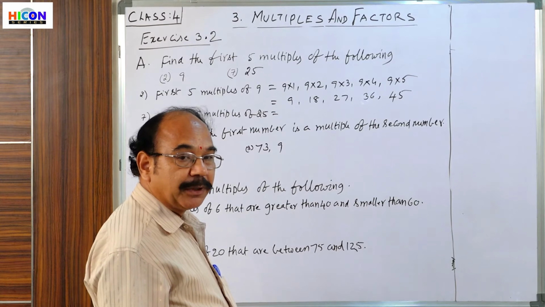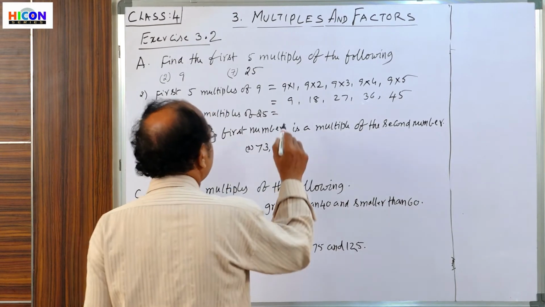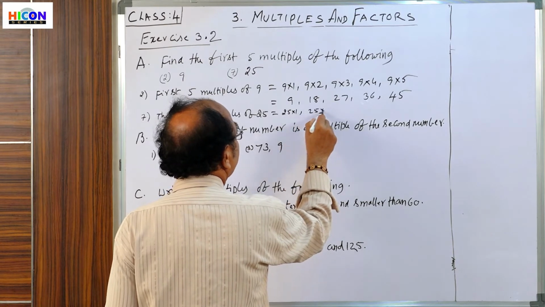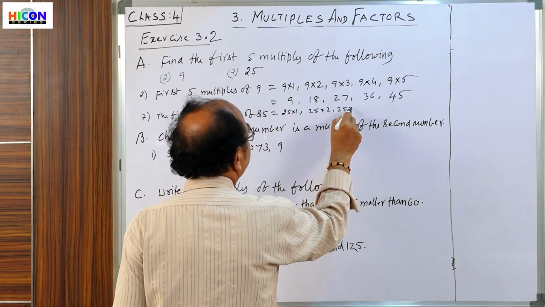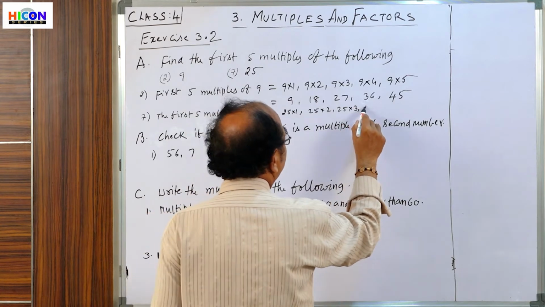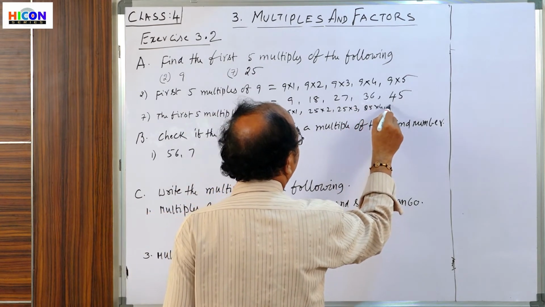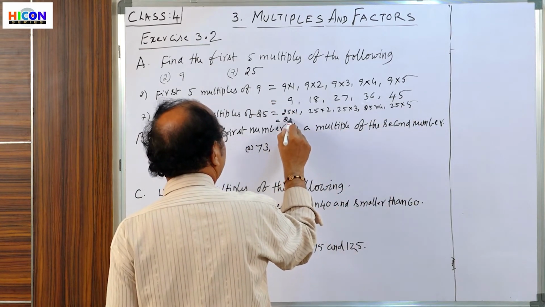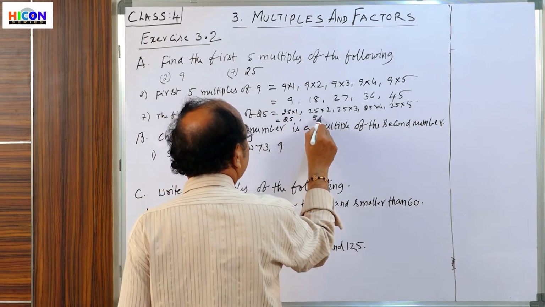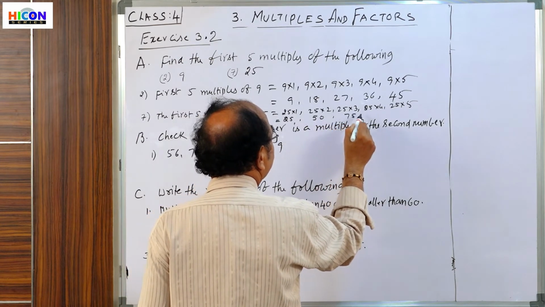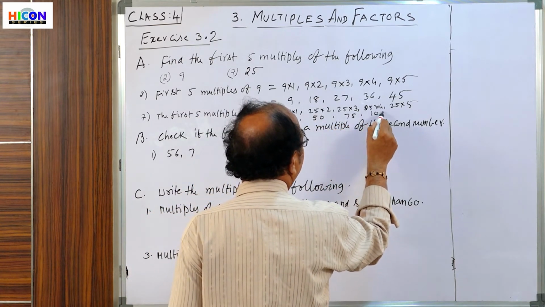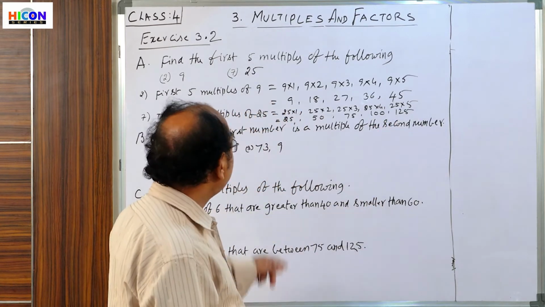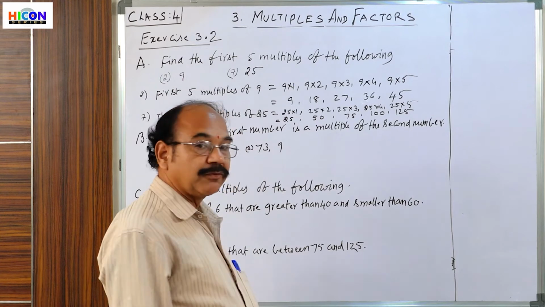Only 5 multiples are enough. 25 ones are 25, 25 twos are 50, 25 threes are 75, 25 fours are 100, 25 fives are 125. These are the first 5 multiples of 25.